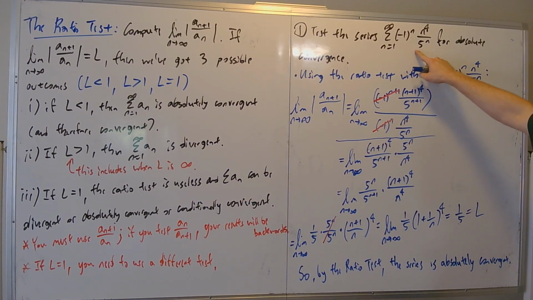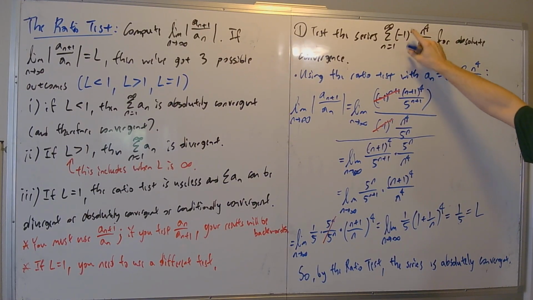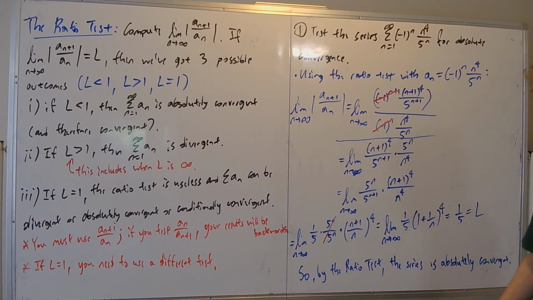That means that this series is convergent, and also if you took the absolute value of each term, meaning you got rid of this minus thing, then that's also going to be convergent.